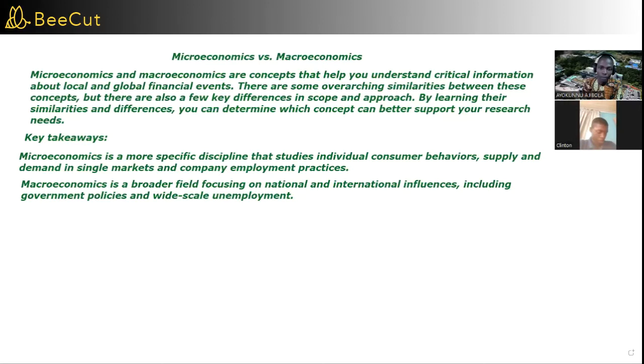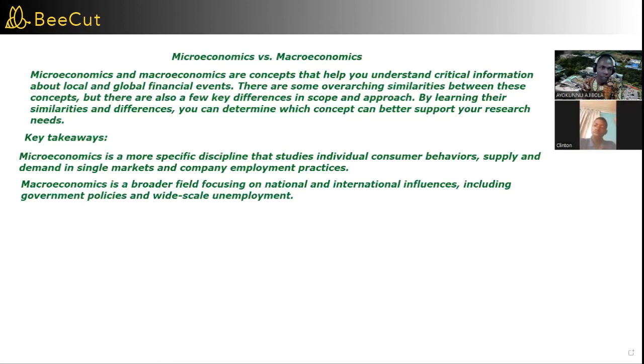Another point is that microeconomics is a common tool among individuals and businesses, while policymakers and researchers use macroeconomics to predict financial events and to resolve underlying market issues. So let's put that up now.